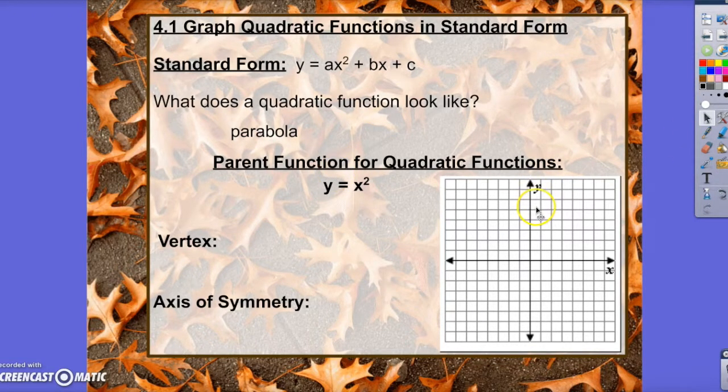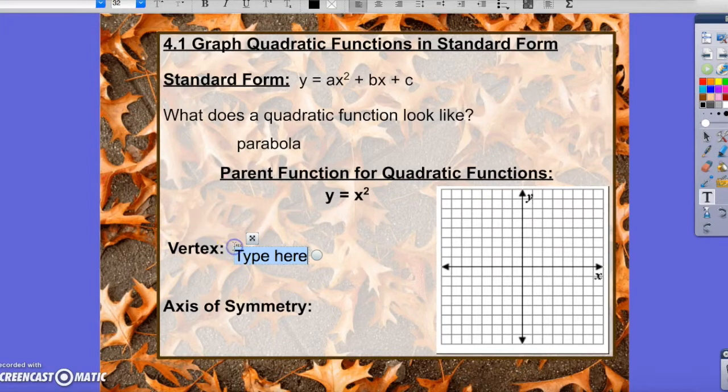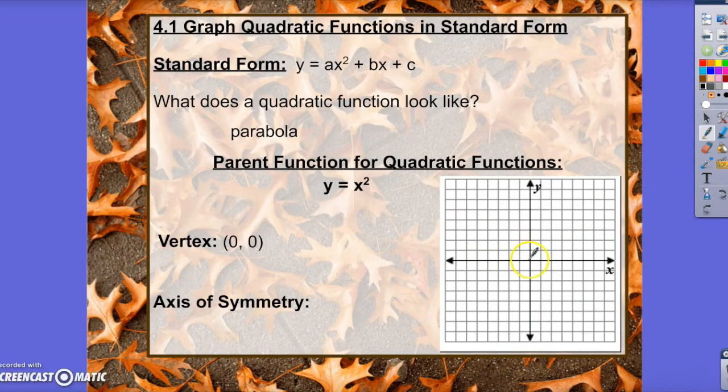Parent function for quadratic functions, y equals x squared. We're going to start with the vertex at 0, 0. So the vertex is going to be here. And actually, that's where our axis of symmetry is.